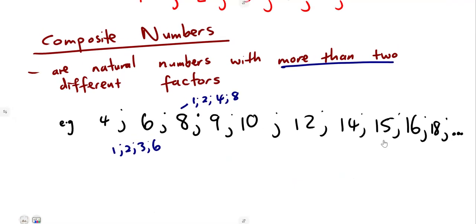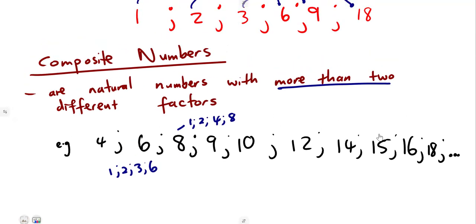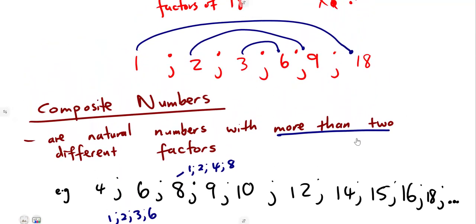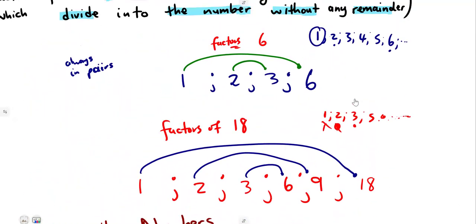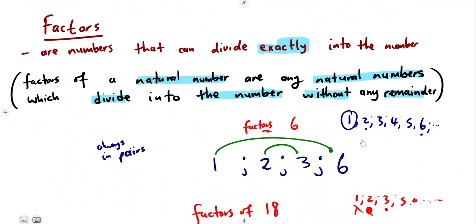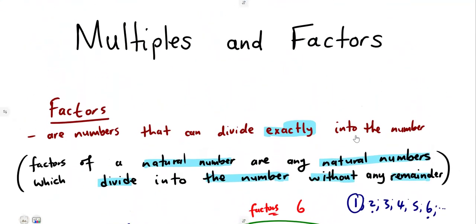So that is it in terms of composite numbers. I referred to the factors and the composite numbers. So let us consider the multiples so that we can have some of the questions here.